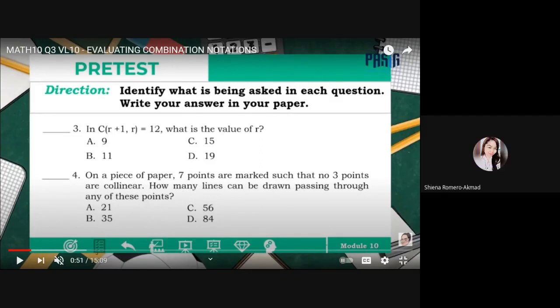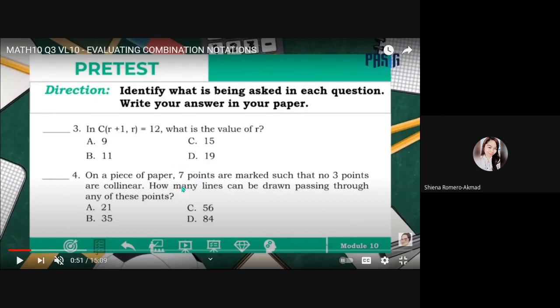There are 7 points marked. The statement that no 3 points are collinear just means no 3 points share the same line, so that we maximize the number of lines that can be formed. So the n here is 7.